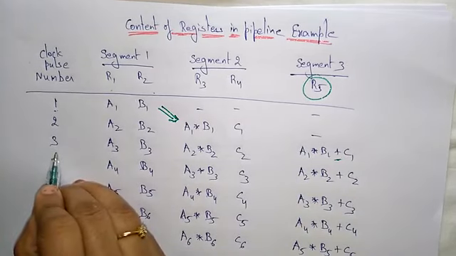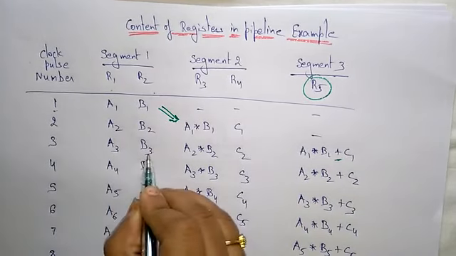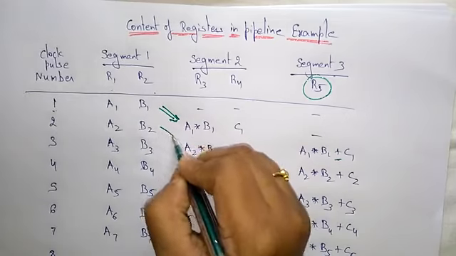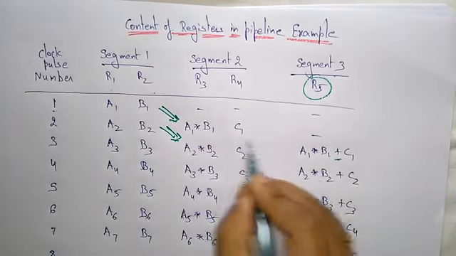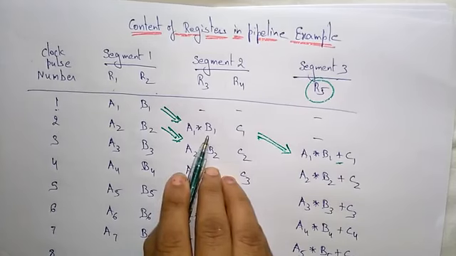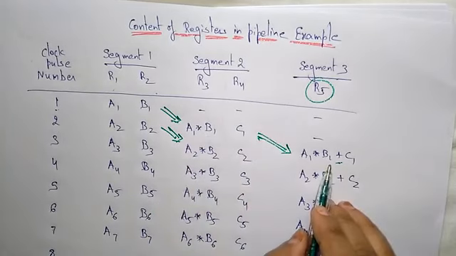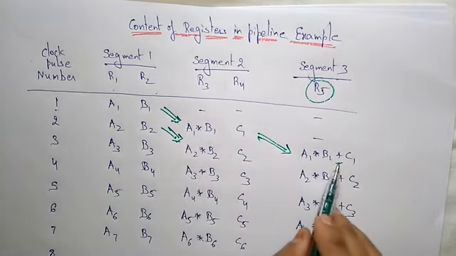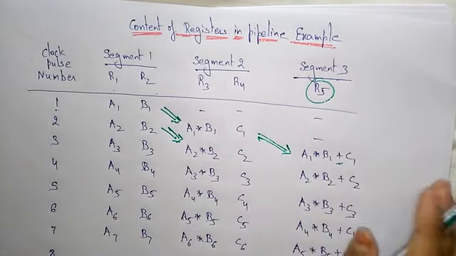In the third clock pulse, A3, B3, and it is doing the multiplication of A2, B2 here, and here it is adding A1 * B1 + C1. Okay. So here one instruction is executed.